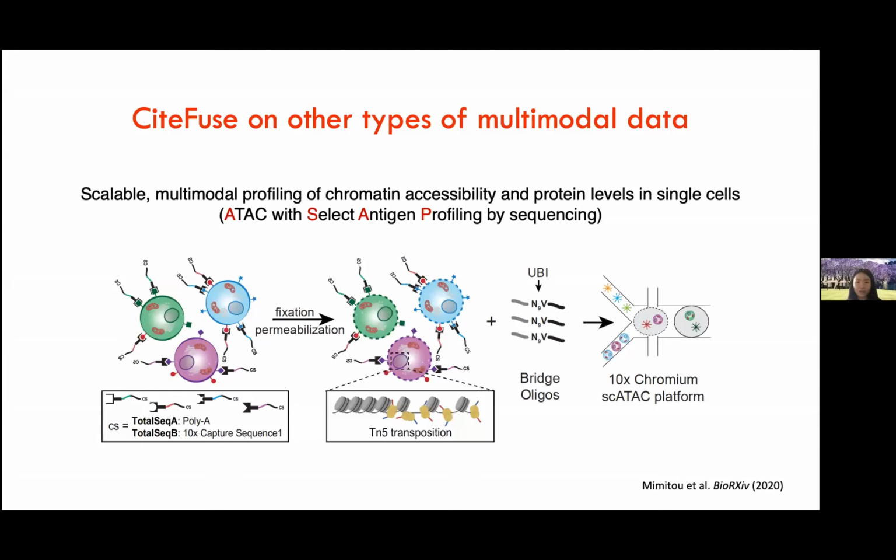So I will have a quick wrap-up. CiteFuse can also be performed on other single-cell multi-omics data, such as the recent CITE-seq, which profiles protein expression data. Instead of profiling RNA, it's profiling the surface protein.